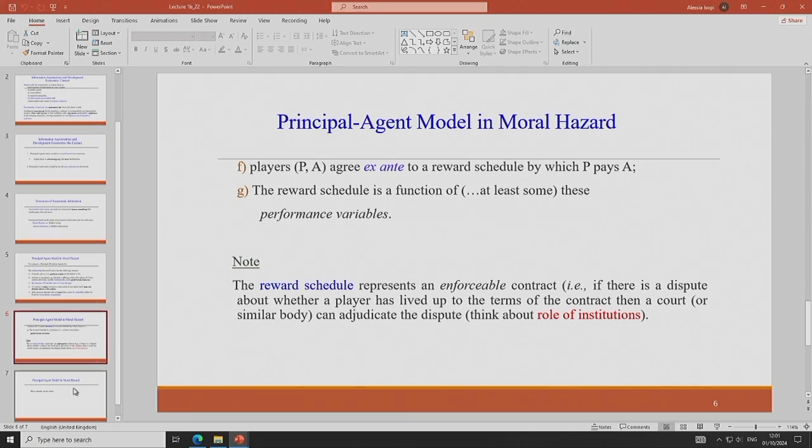And the key and final information is that the reward schedule is a function of the performance variable. What does that mean? It means that if I have to pay a transfer, T, that is going to be a function of Q, the outcome.